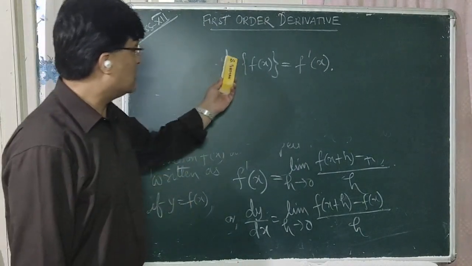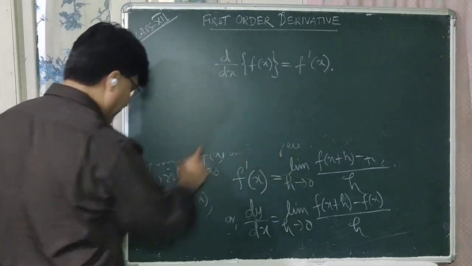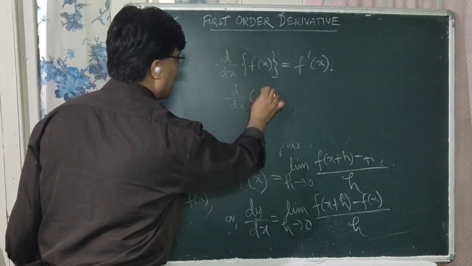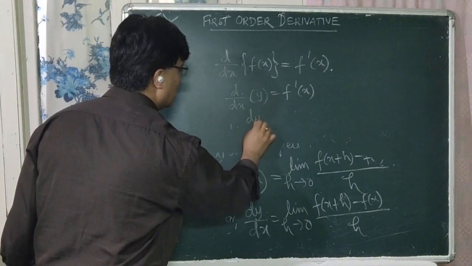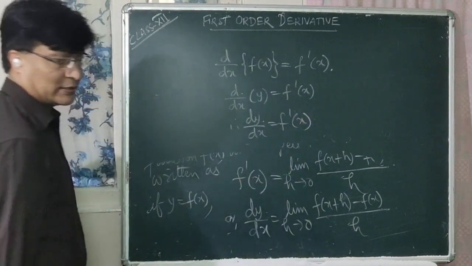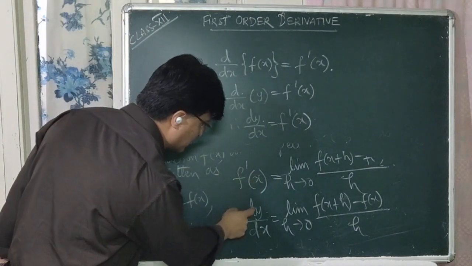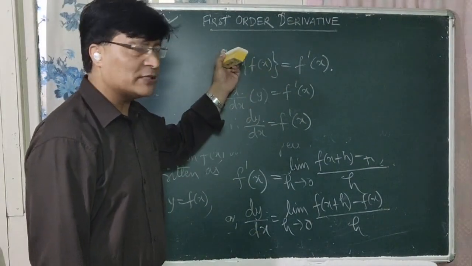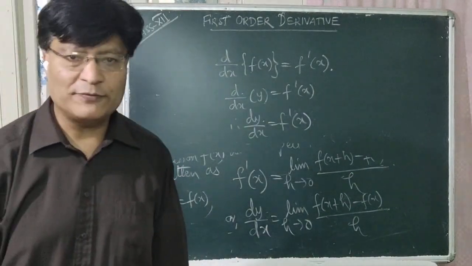And f of x is y, so d by dx of y is equal to f dash of x, that is dy by dx is equal to f dash of x. So differentiation of f of x with respect to x is defined as f dash of x.